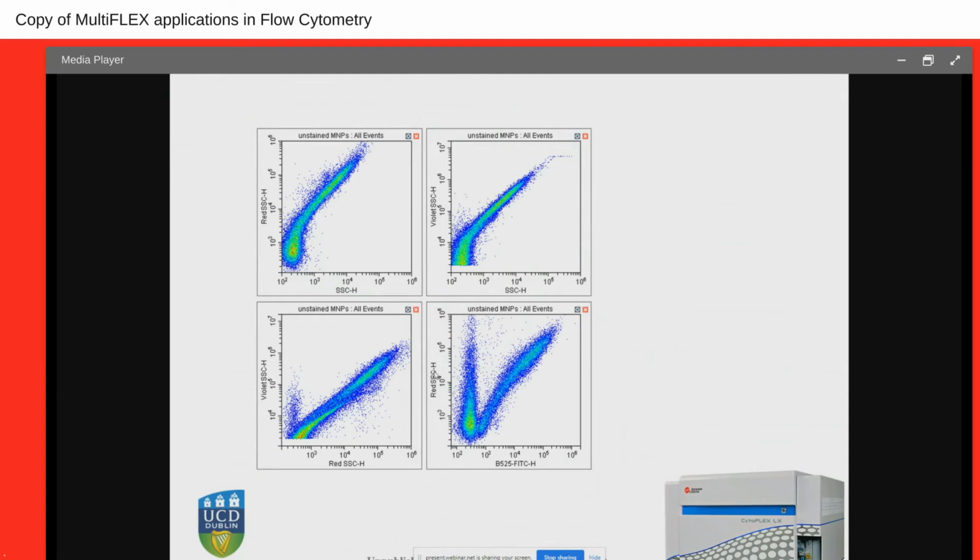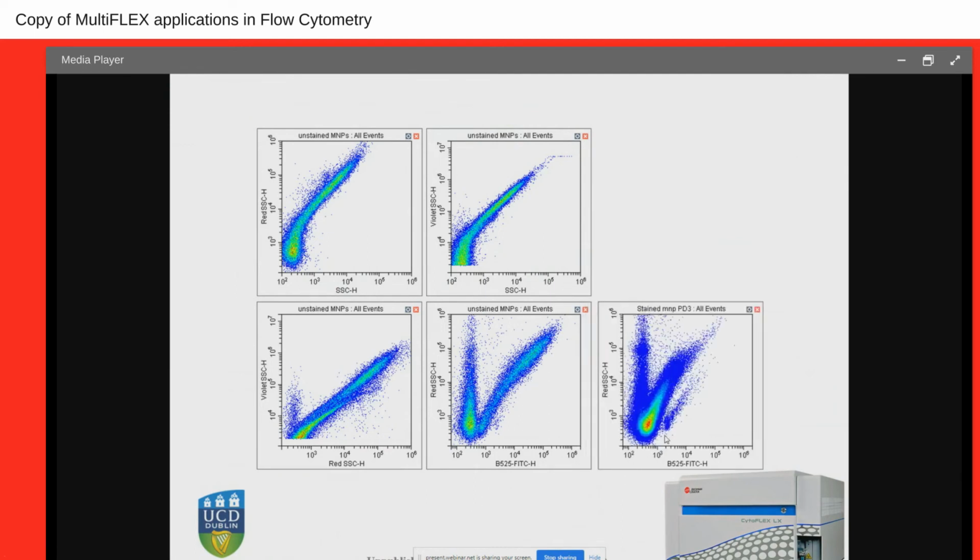Interesting enough is that when we have the red side scatter and we put these nanoparticles with protein corona, the protein corona is giving us a drop down on the side scatter. Again, a similar effect to what we have seen before with these nanoparticles that have the FITC color around them.